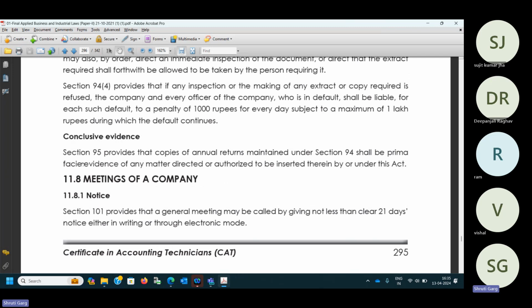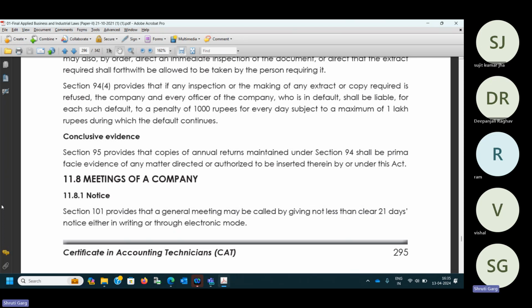Conclusive evidence. Section 95 provides that copies of annual returns maintained under Section 94 shall be prima facie evidence of any matter directed or authorized to be inserted therein by this Act. Yes, this is the prima facie evidence. Prima facie evidence means that evidence which may be presented before the court and the court will accept it as evidence.